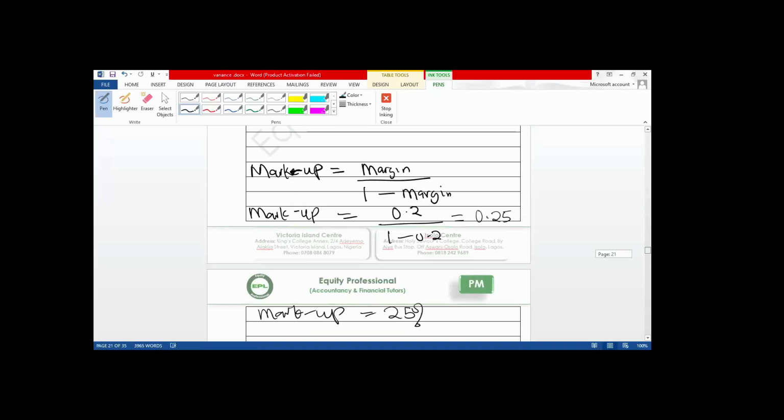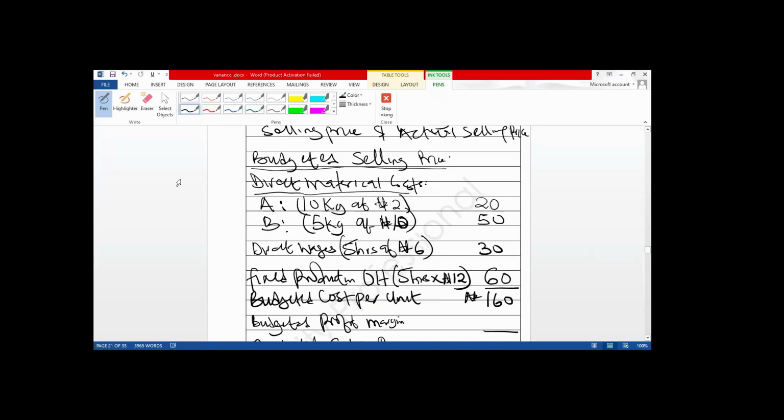Can now come back here. This is profit markup now. What you are saying is that 25% of your cost represents profit. Compute 25% of 160, 40 naira.